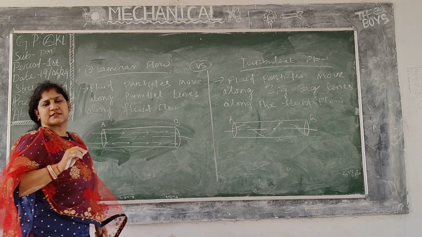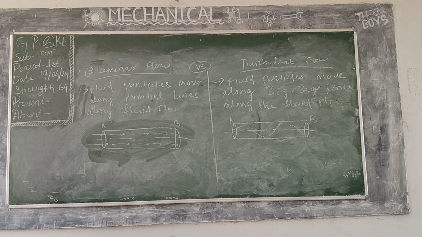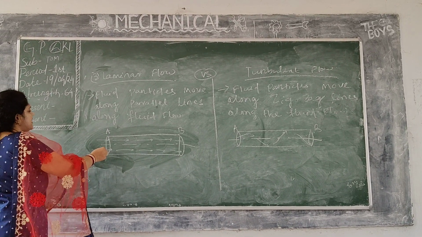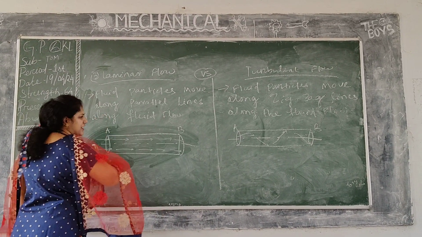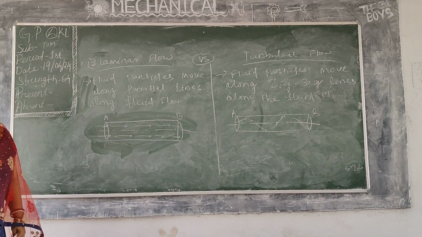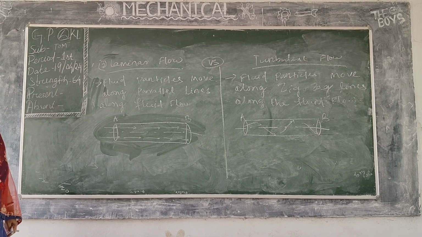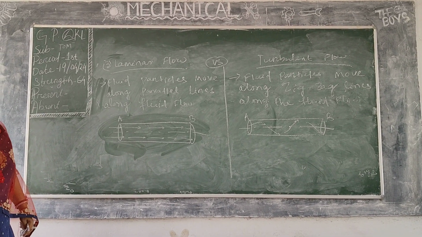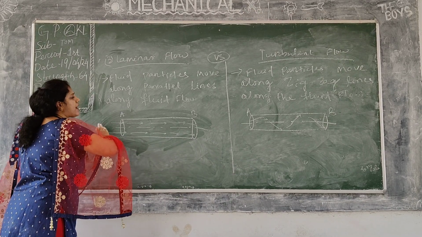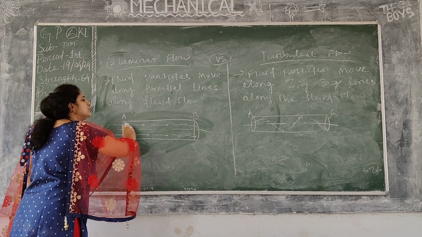They will move like this. So they will cover a zigzag path. So now tell me, if this is the laminar flow and that is the turbulent flow, pressure is high in which case upon the pipe? Obviously in turbulent flow, because laminar flow will be quiet, it will be flowing smoothly.